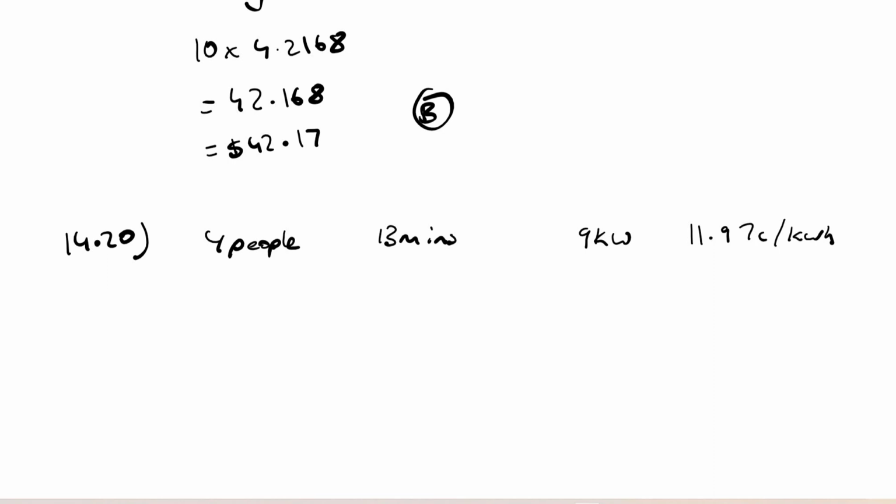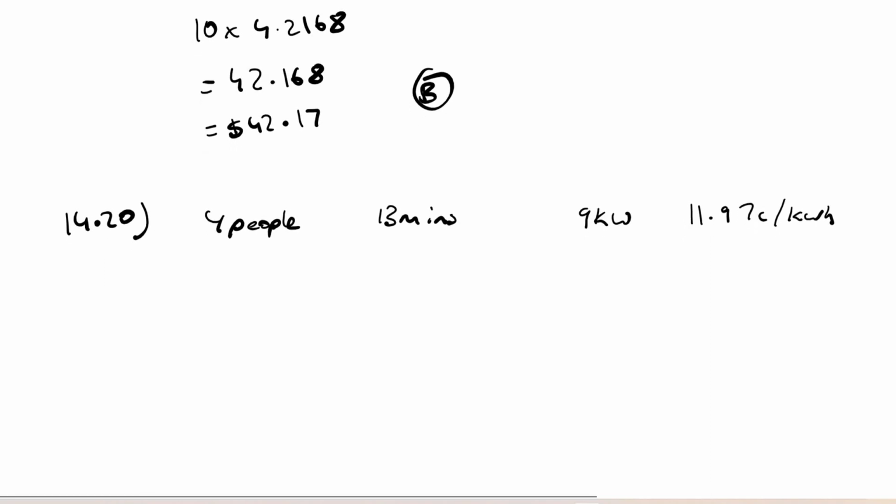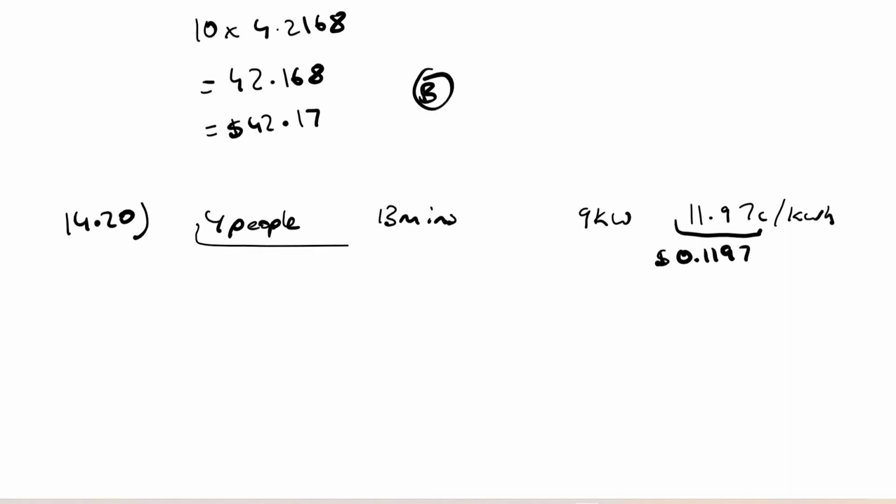Alright, so first we'll change this to dollars, so that's 0.1197. And then the next thing we want is, we have 4 people using the hot water for about 13 minutes each. So what is that in hours?